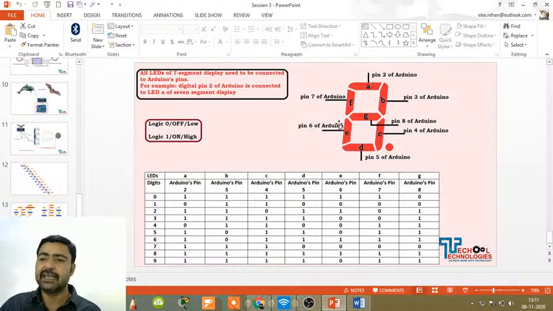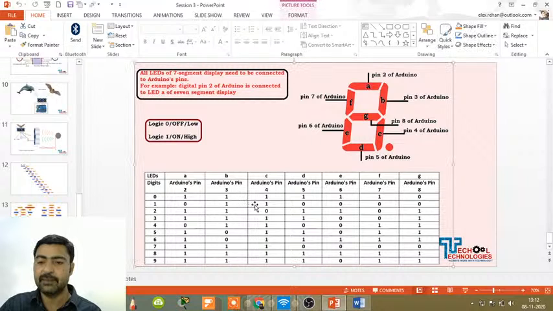We check which LED will glow and make it 1, and which LED is off and make it 0. If we want to display 1, only B and C will remain on, and all the other LEDs will remain in 0 state. Like this, we use these LEDs.